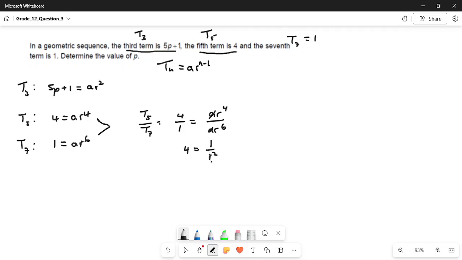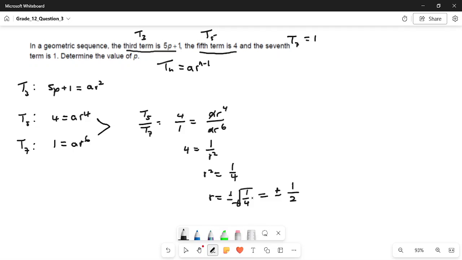And then just to make r my subject, we can have r squared is equal to a quarter. I just inverted both sides, so hence I have r squared is equal to a quarter. And then let us find the square root. So r is equal to plus or minus the square root of 1 divided by 4, which is equal to plus or minus 1 divided by 2. So this is our value of r, plus or minus.